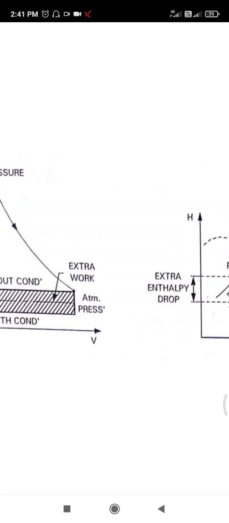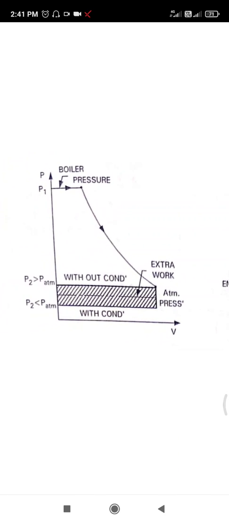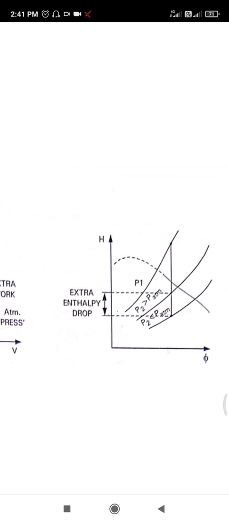You can see on my screen the extra work in a PV diagram, without condensation and with condensation, with the boiler pressure, and there is an extra enthalpy drop.